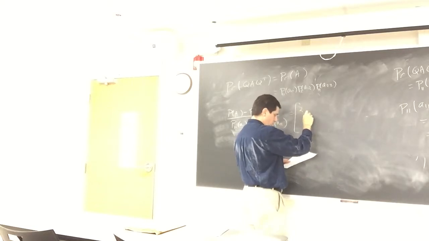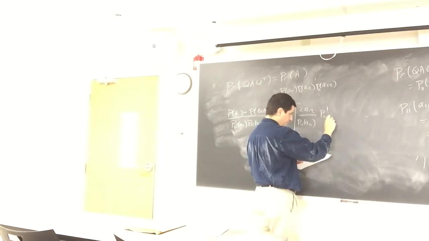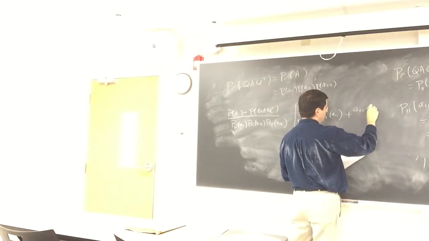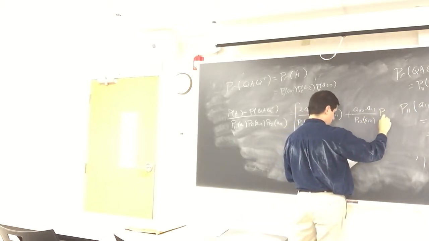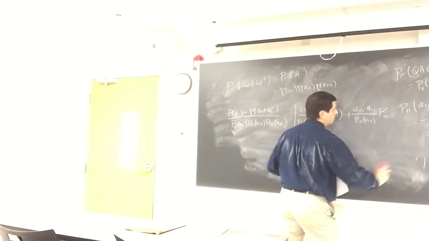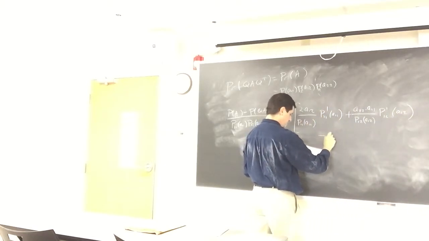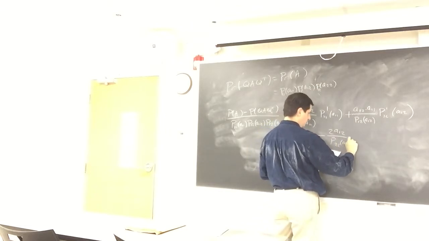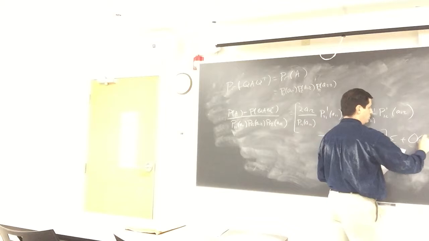We get 2A12 over P11 of A11 times P11 prime at A11, plus A22 minus A11 over P12 of A12 times P12 prime of A12, and then the last is minus 2A12 over P22 of A22 times P22 prime of A22, all times epsilon, plus order epsilon squared.